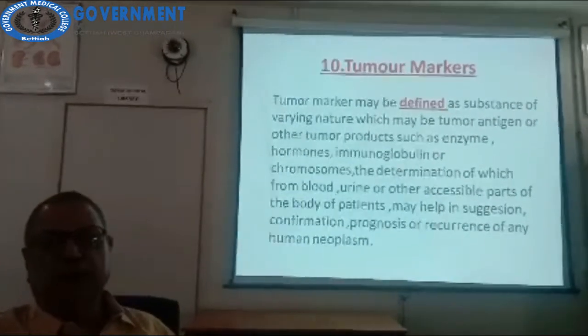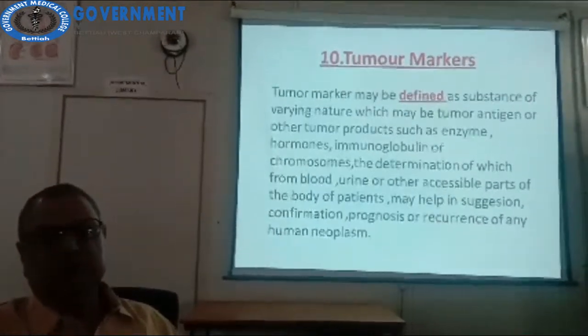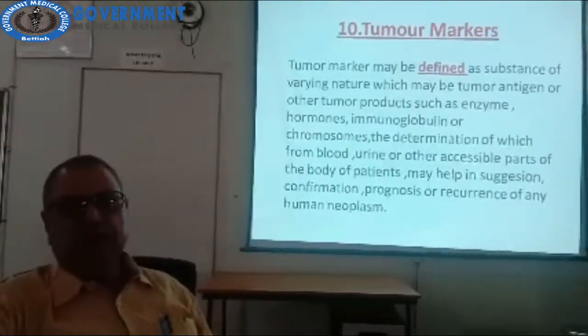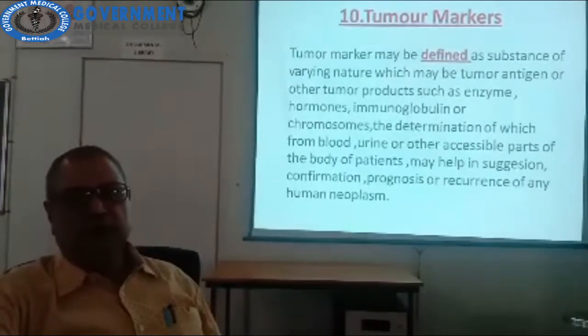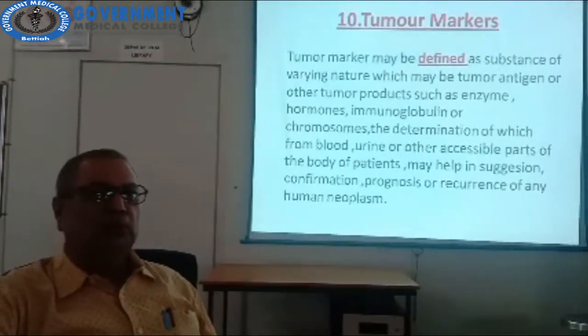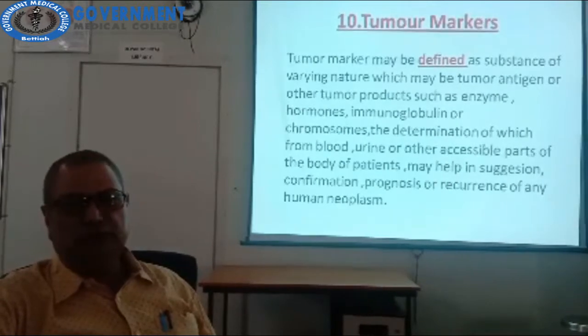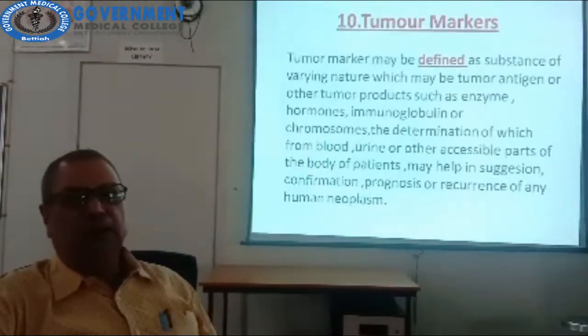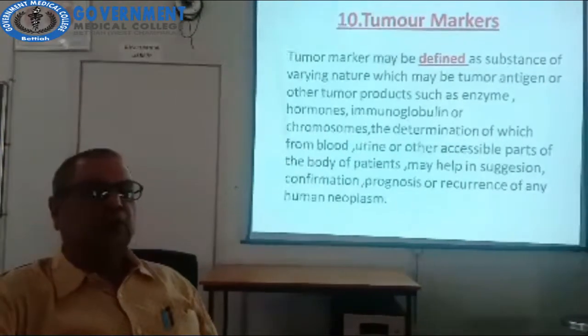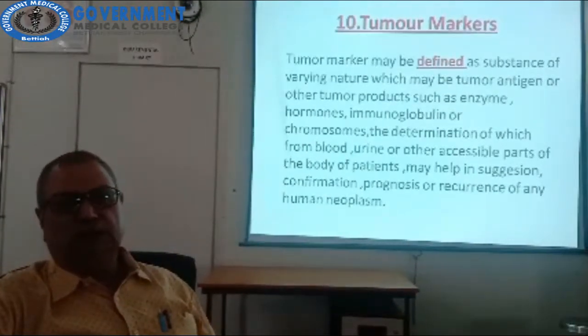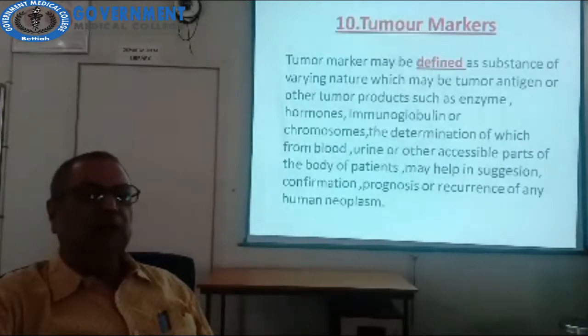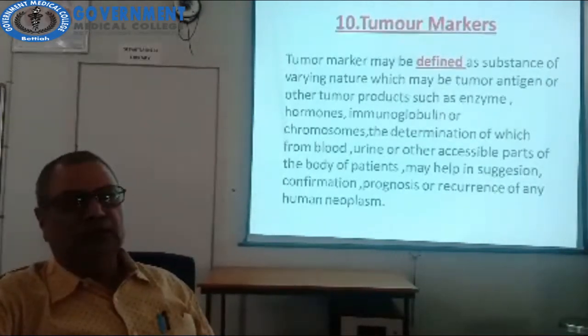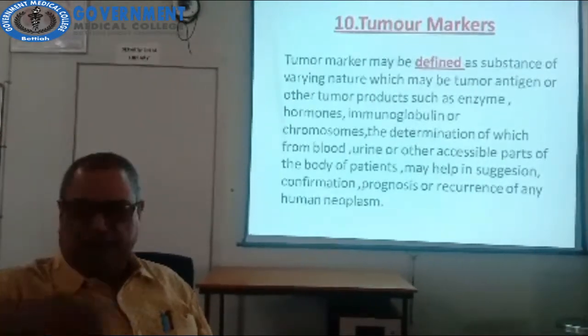That is, a tumor marker may be defined as a substance varying in nature which may be tumor antigen or other tumor products such as enzyme, hormone, immunoglobulin or chromosomes, the determination of which from the blood, urine or other accessible body fluid parts may help in suggestion, confirmation, prognosis or recurrence of any human neoplasm.